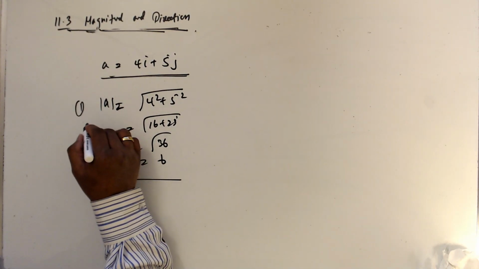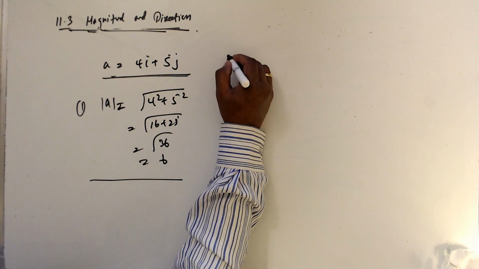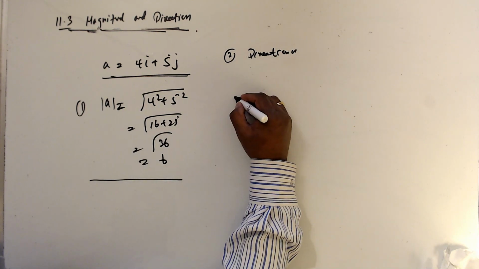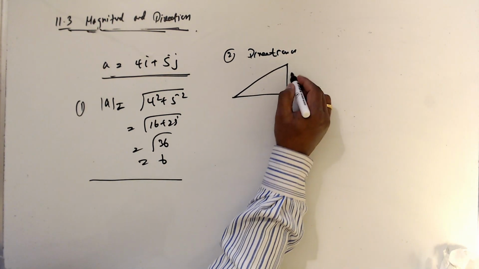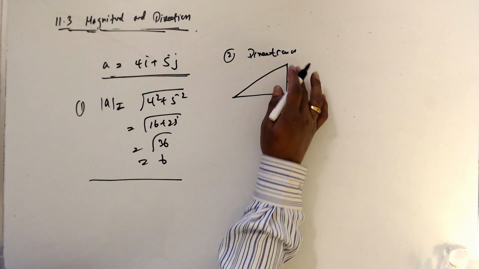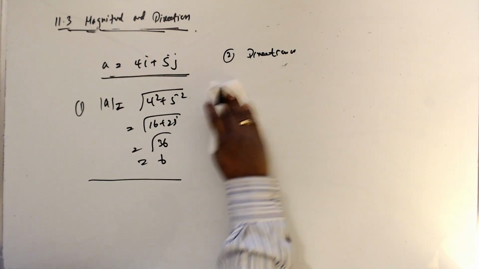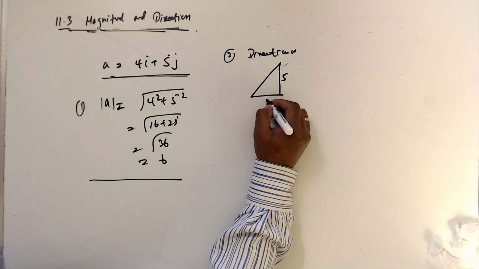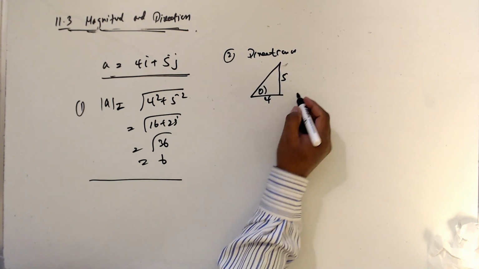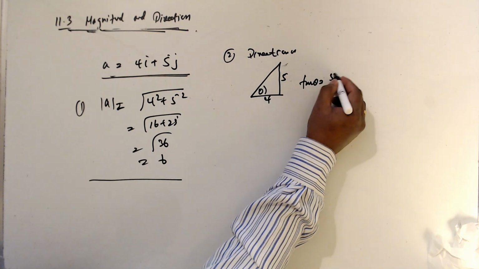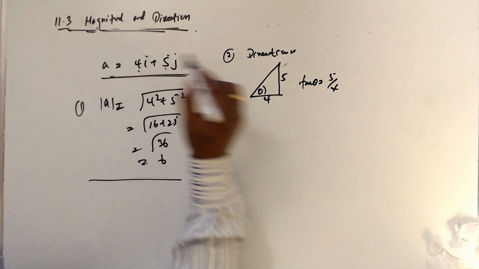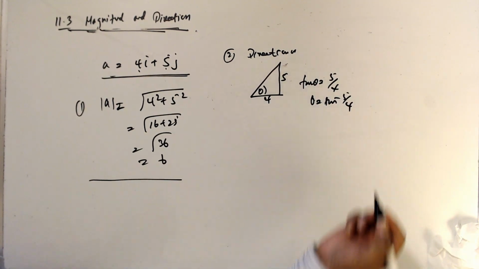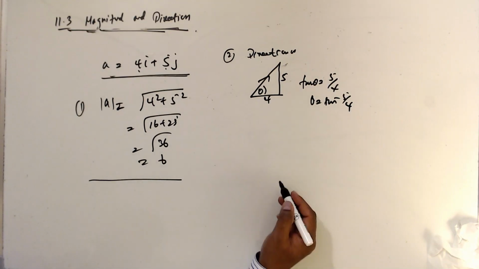This is the magnitude, then the direction. 5 and 4. If you take this theta, tan theta or gradient is 5 over 4. Theta equals tan inverse 5 over 4. So that is the direction of this one.